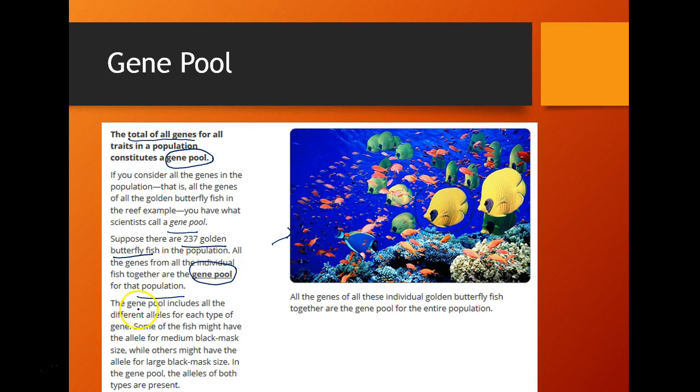Okay, so that means that it includes all the different alleles for each type of gene. And if you remember from Biology A, we talked about alleles and how they are different versions of a gene.